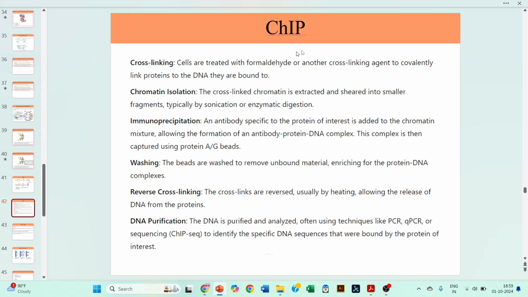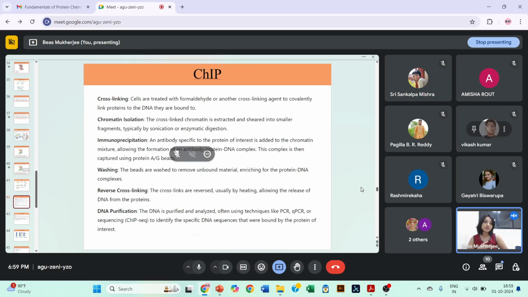Okay, so what happens in chromatin immunoprecipitation is given here. All the steps are given. So you know that firstly there is cross-linking, then there is chromatin isolation. So the cross-linked chromatin is lysed, the cell is lysed and it is isolated. Then what happens? Immunoprecipitation. In immunoprecipitation, the antibody specific to our protein of interest is binding to the protein which is bound to the DNA of interest.